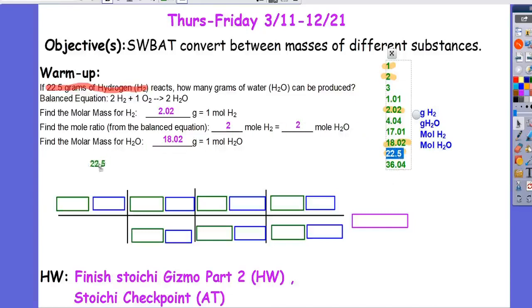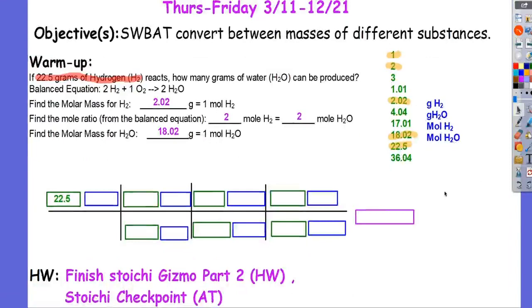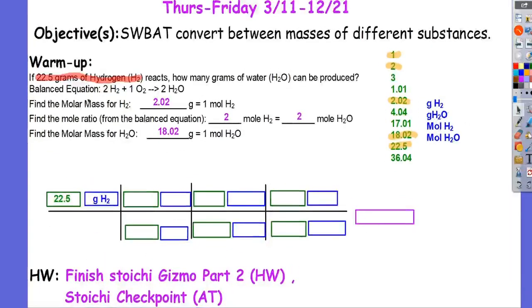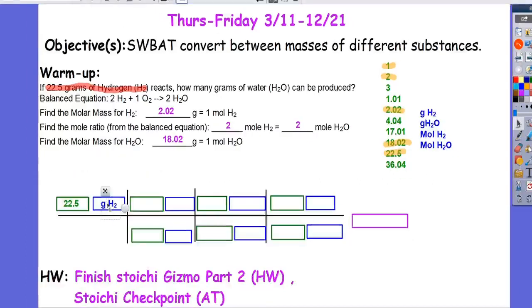So I take that 22.5 grams, carry it over here, and then I need grams of H2. Now it doesn't matter what's in my equivalency statements or my question. If I have grams of H2 in this box, I immediately know that grams of H2 is what I want to put into this box. Whatever is in here, I want to put on the bottom next grid.